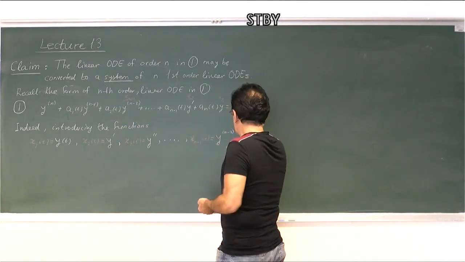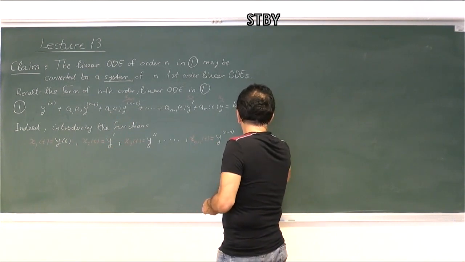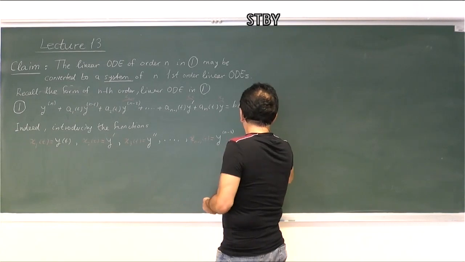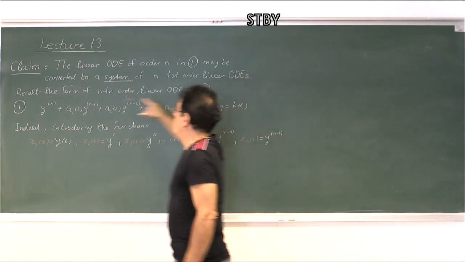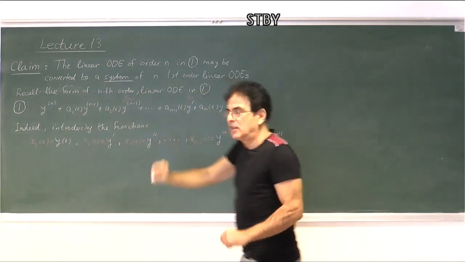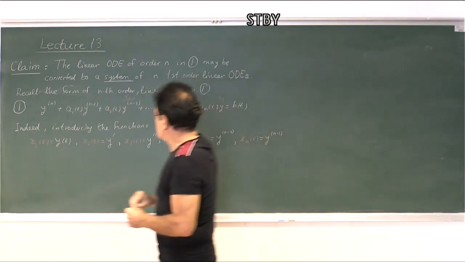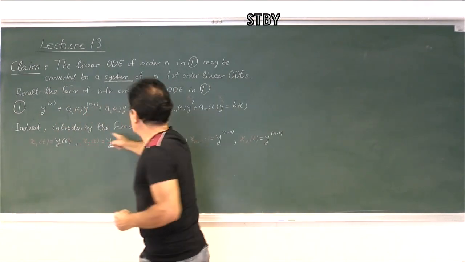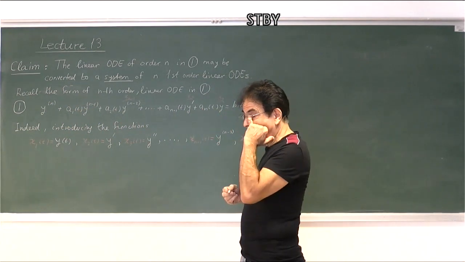And finally, by xn we denote the (n-1)th derivative of this solution of the linear equation, which is a single equation but of order n. So we introduce the functions x1, x2, x3 in this way. Good.